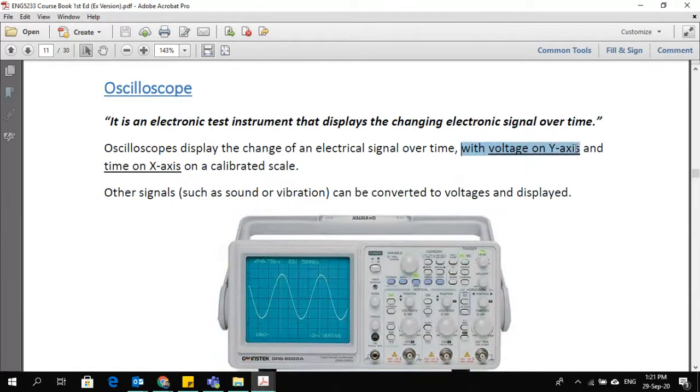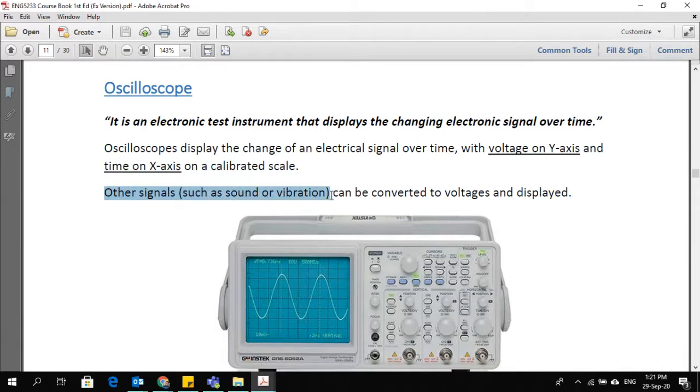We put voltage on the y-axis and time on the x-axis on a calibrated scale. Calibrated means it shows how many volts or how many seconds one grid box is equal to.